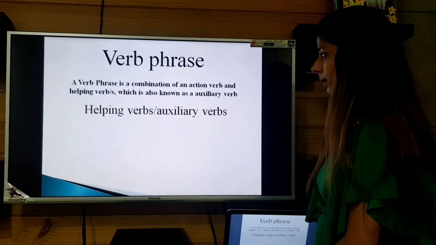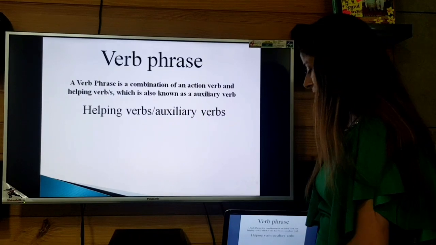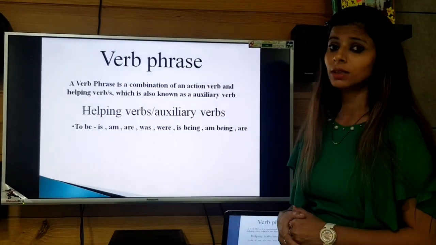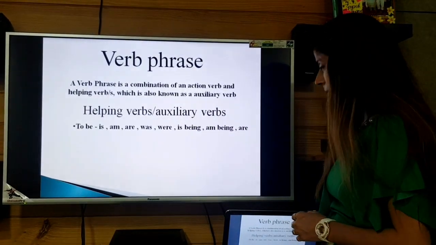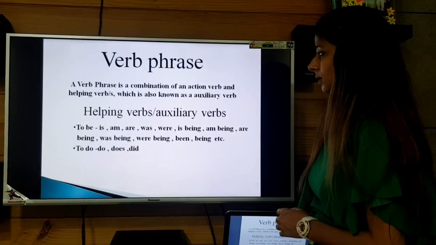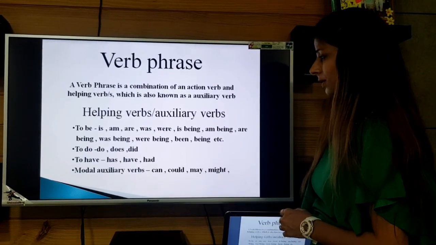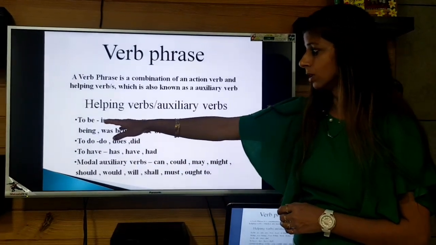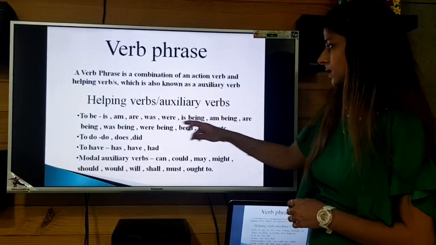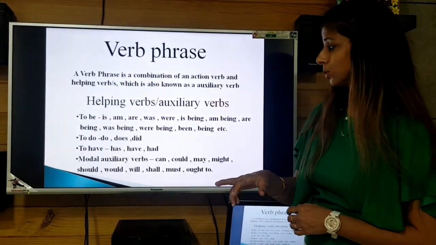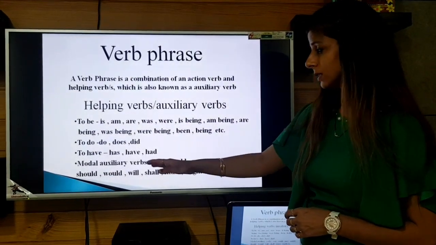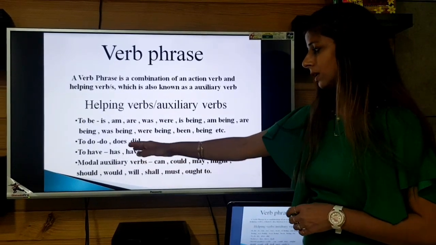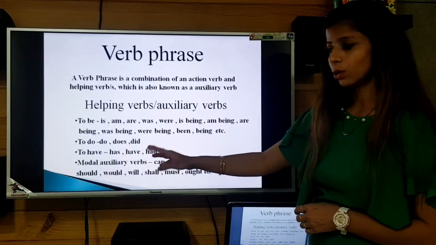Here I have the list of these verbs. You may refer to it so that you get a clear view of how many verbs and auxiliary verbs we have. Here are the modal auxiliaries, and here is the list of be forms, which you use in simple tenses. Then to do, that is action. Then there are helping verbs that talk about time.